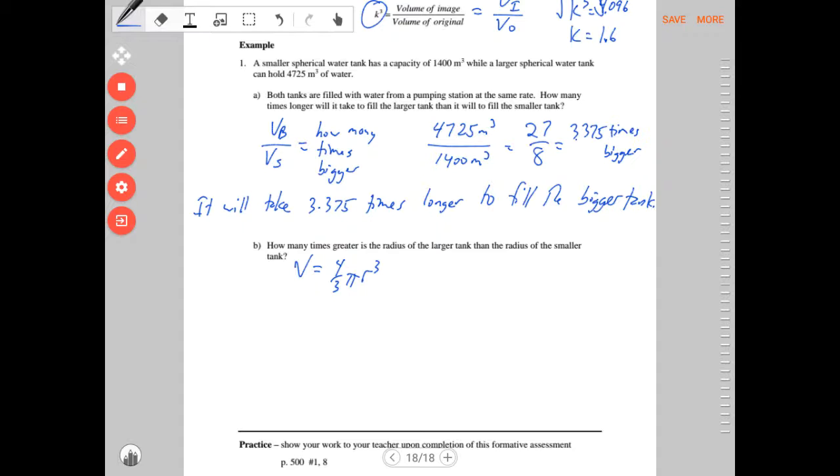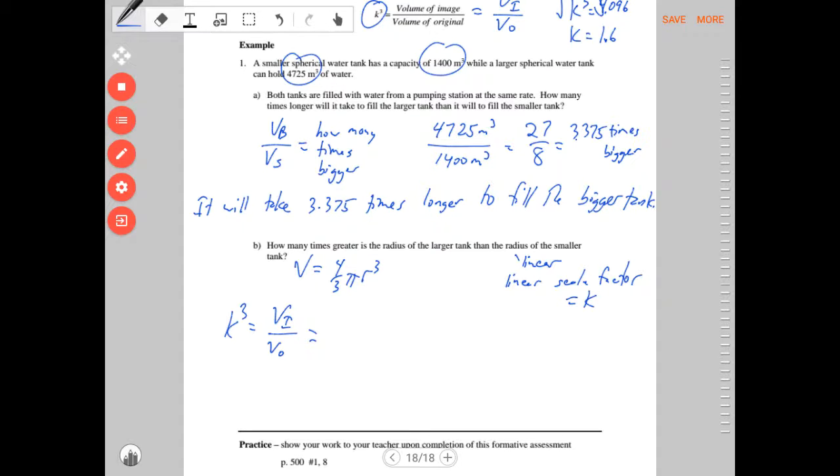Now remember, we know the volumes. So what we're really looking for, radius is a linear thing, so we're looking for the linear scale factor. That means we're just looking for K. And we know, because these are volumes, that K cubed equals the volume of the image divided by the volume of the original.